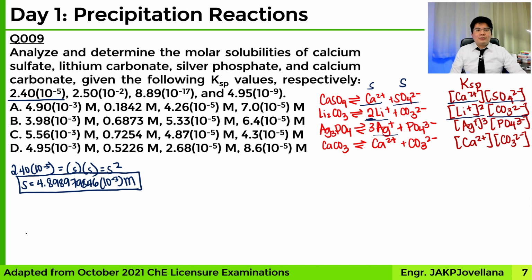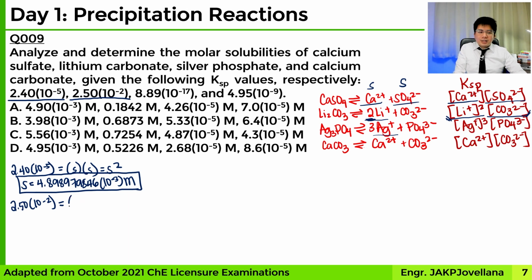Next, we can solve for the molar solubility of lithium carbonate. We are given KSP of lithium carbonate, 2.5 times 10 to the minus 2. This is equal to the square of the concentration of Li+ and the concentration of CO3 2-. But since we have 2 here in 2 Li+, we can substitute 2S for its concentration.